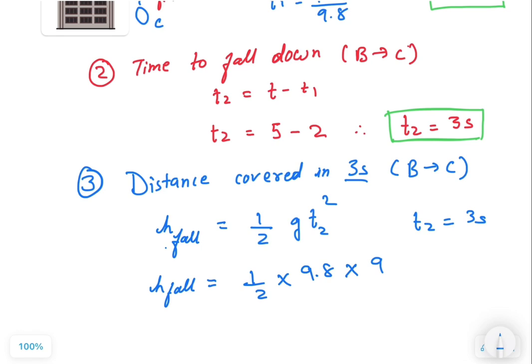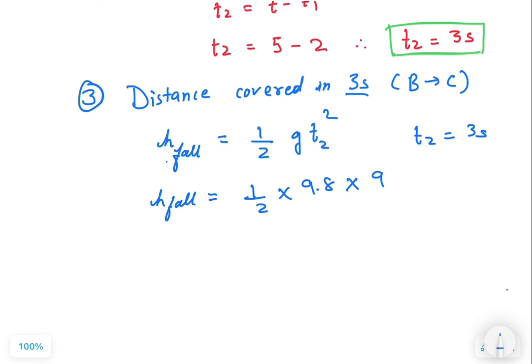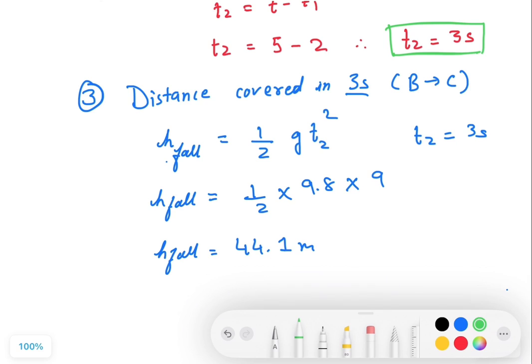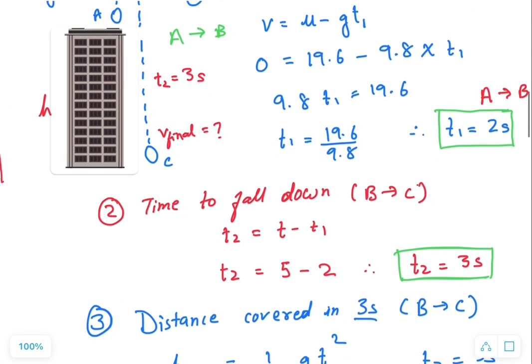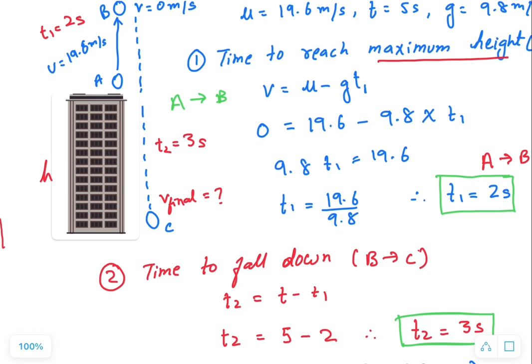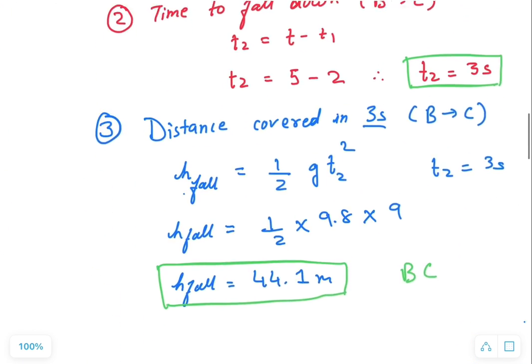If you do the calculation, you will find that the ball reached from the highest point to the ground in 3 seconds, and the distance covered will be 44.1 meters. So this is BC, this distance B to C is 44.1 meters.